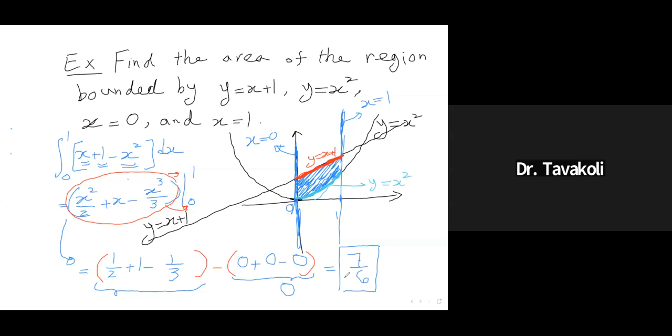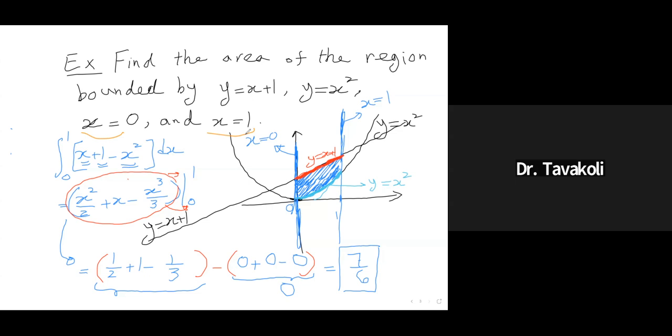In this example, as in some examples, we are told that x runs from where to where. Like in this example, x runs from 0 to 1. But it's possible that we are not given that information, meaning that sometimes we need to find the points of intersection.